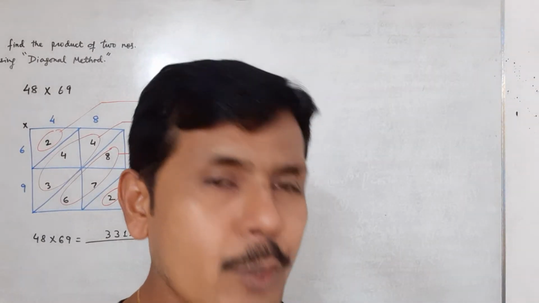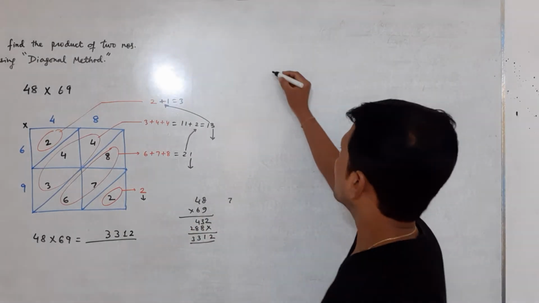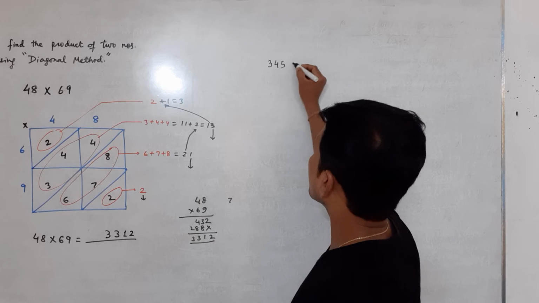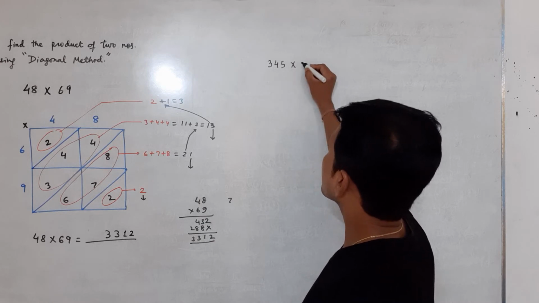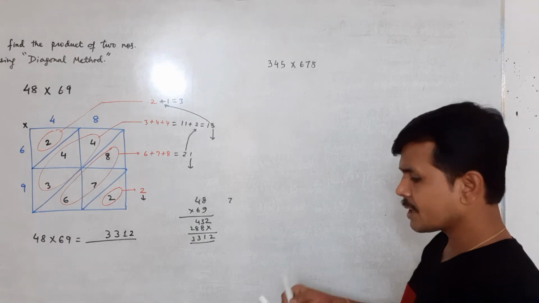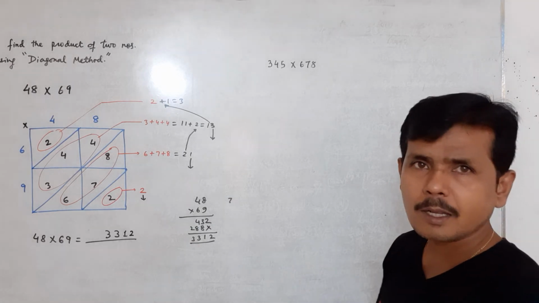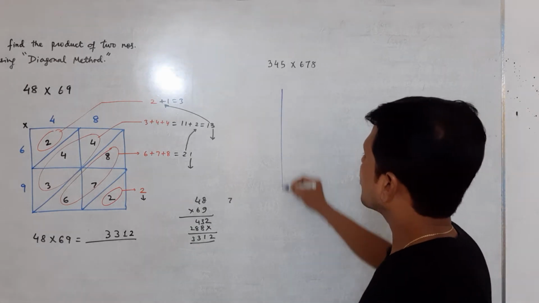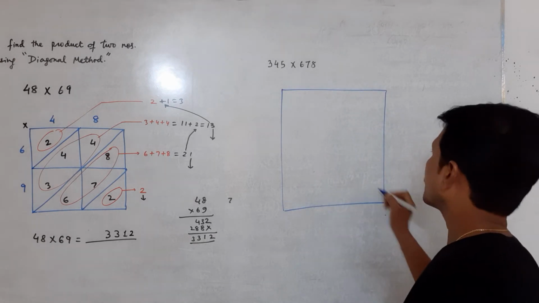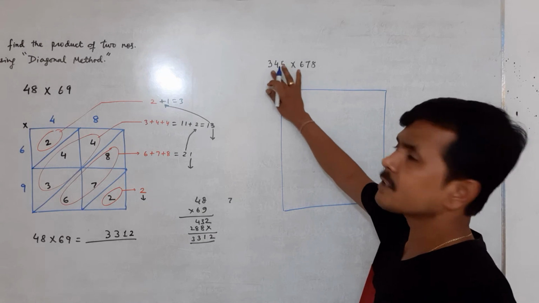Okay, suppose we want to multiply 345 by 678. Again for this you have to make a square. Okay. See, I have drawn it. Now this is a 3-digit number.